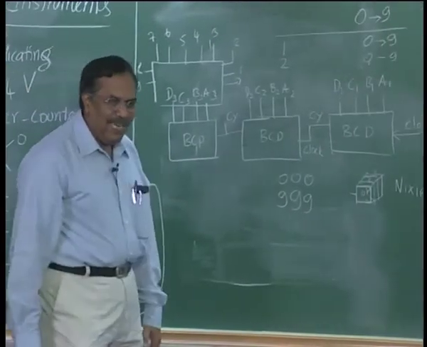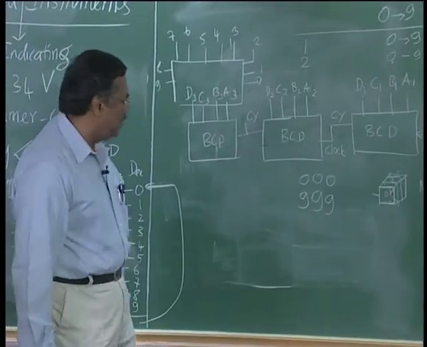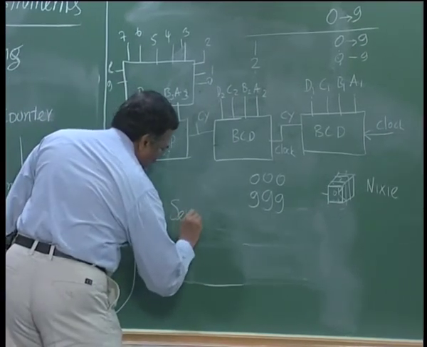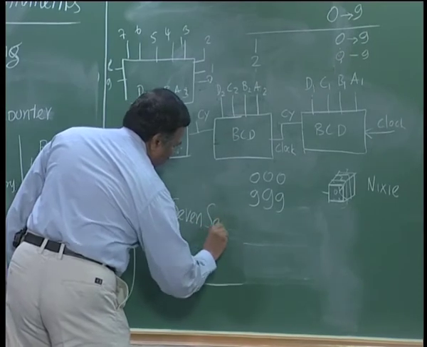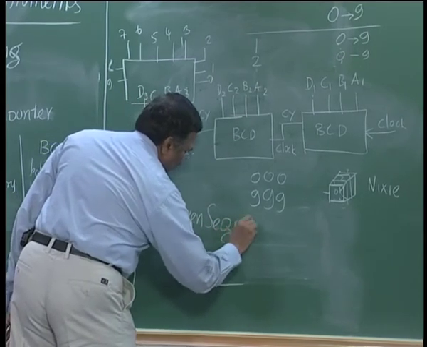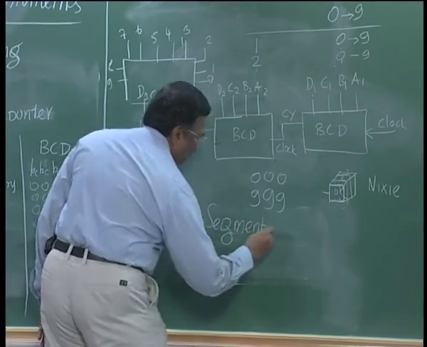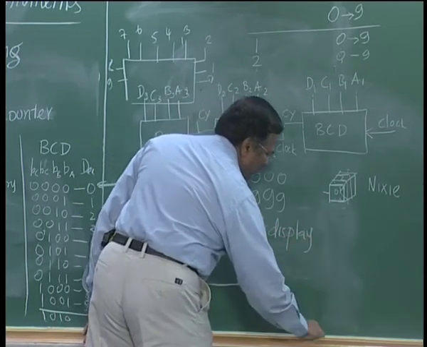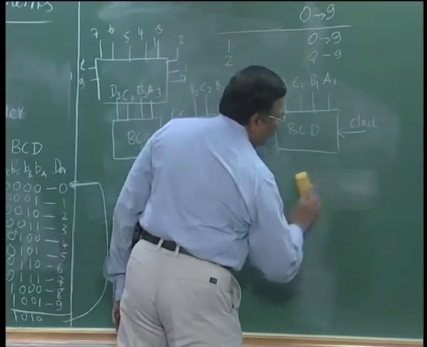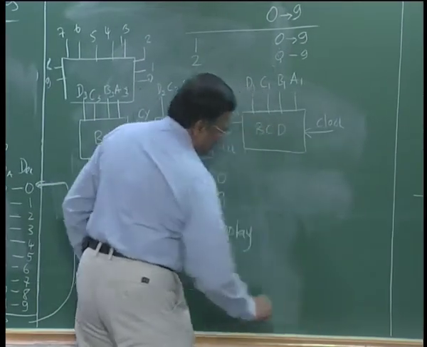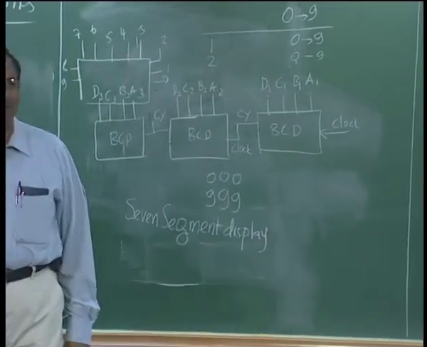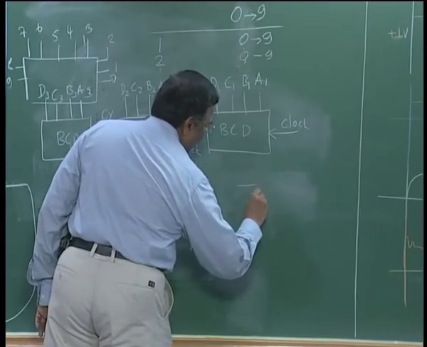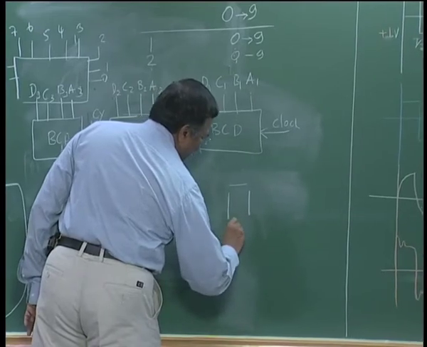and then people devised a very ingenious method of displaying numbers called the 7 segment display, which we are all very familiar with, but it took a long time for people to invent the 7 segment display. In the 7 segment display, there are 7 segments as the name indicates.